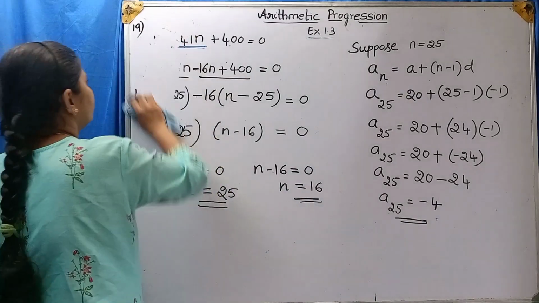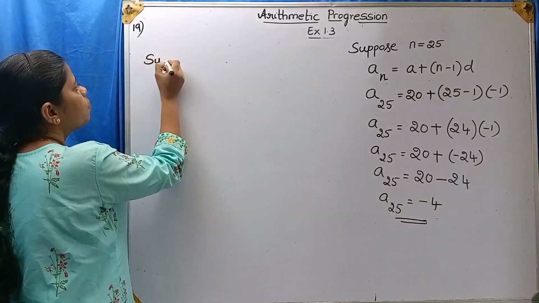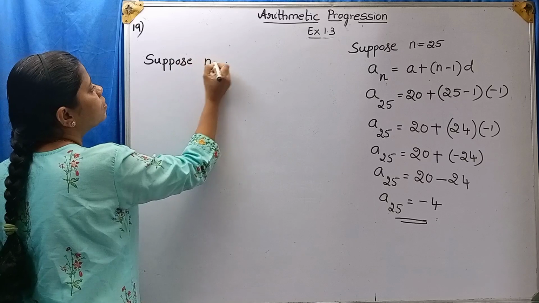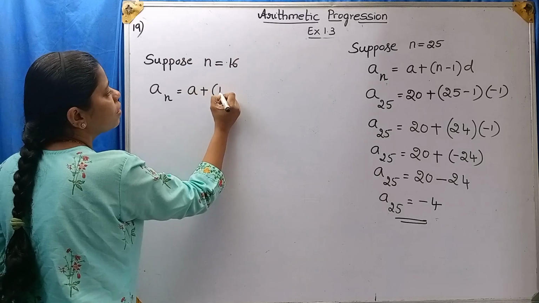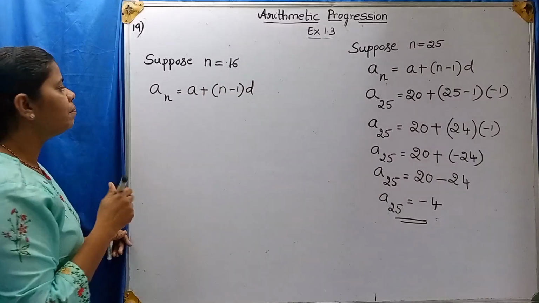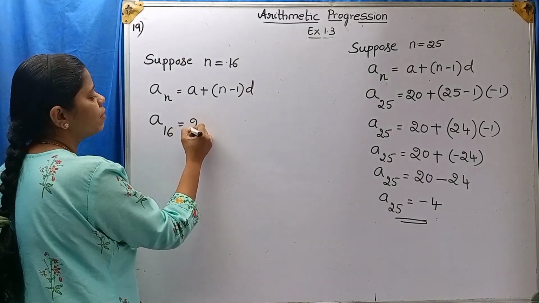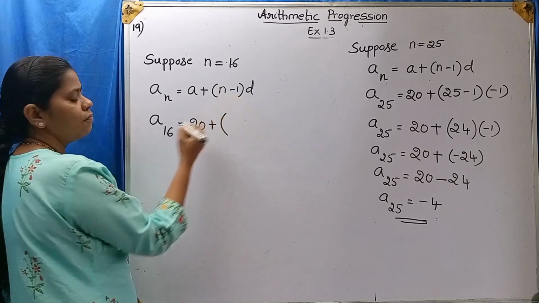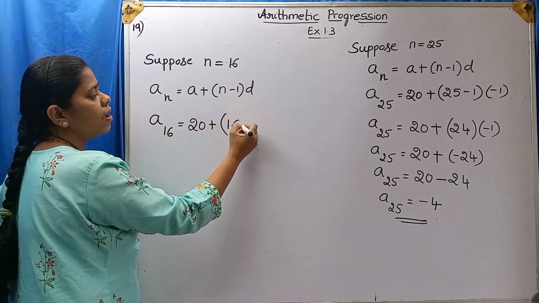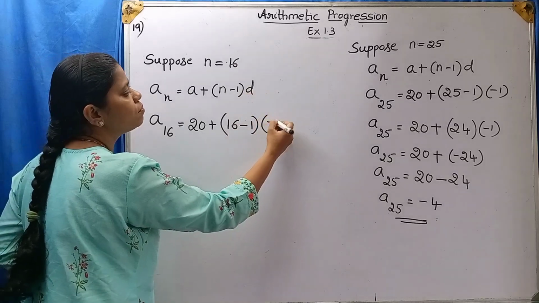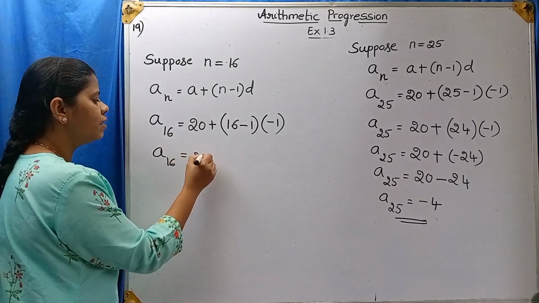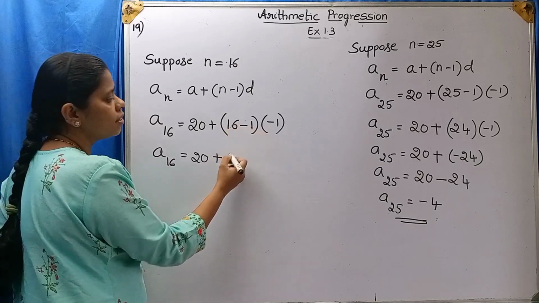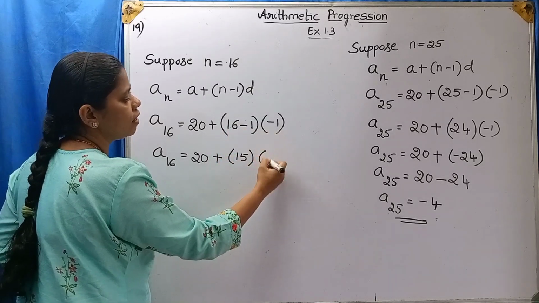Okay. Then, let us find for n is equal to 16. Suppose n is equal to 16, then a_n is equal to a plus n minus 1 into d. Okay, then a16 is equal to, the value of a is 20 plus n, the value of n is 16 minus 1, d, the value of d is minus 1, right? a16 is equal to 20 plus 16 minus 1 is 15 into minus 1.